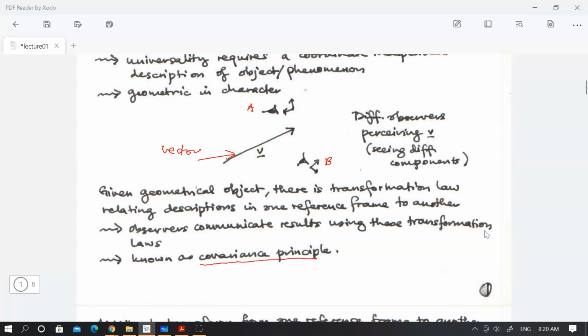Okay, so in other words, there must be something that connects one set of measurements to another made in a different reference frame. Okay, so you will behave in some orderly manner where you can actually make the calculations to convert from one to the other.